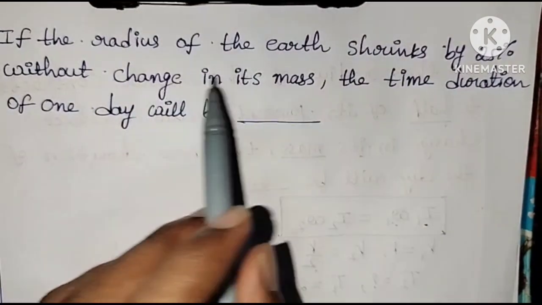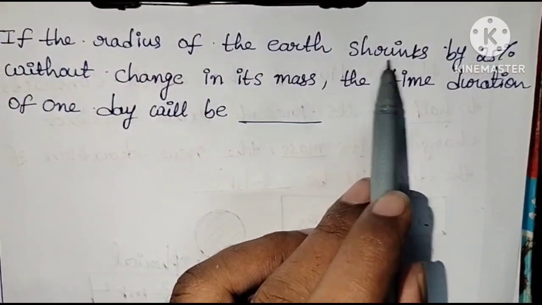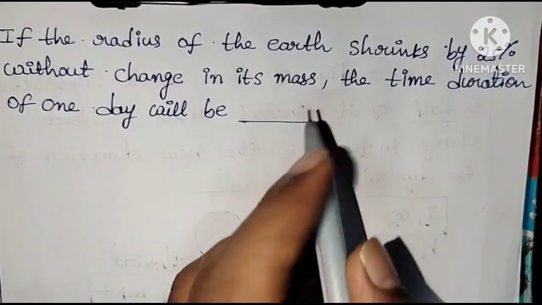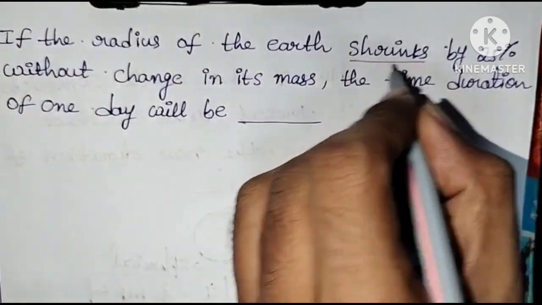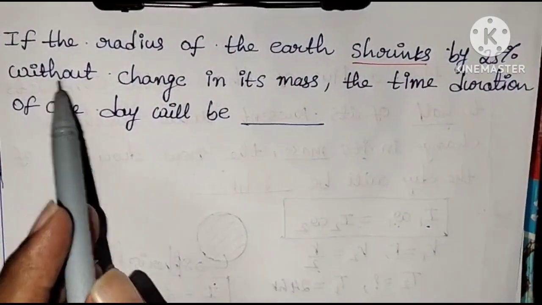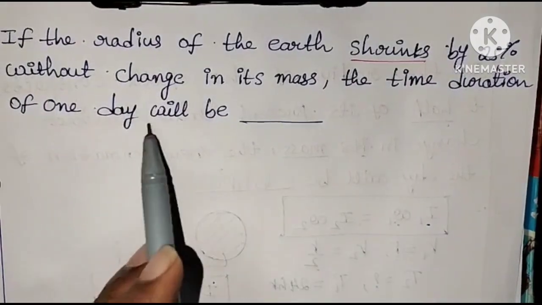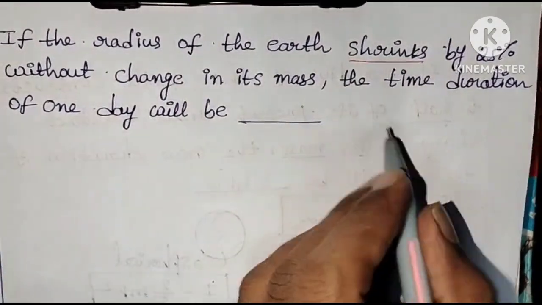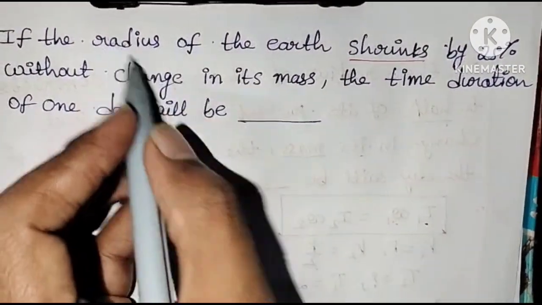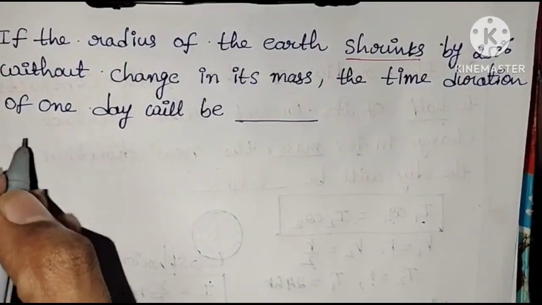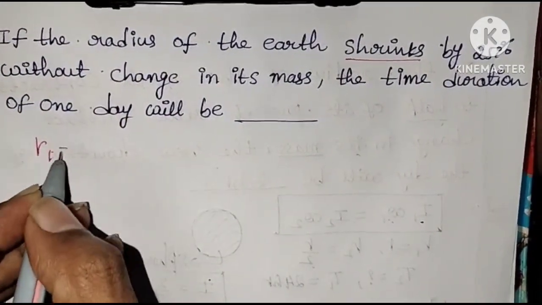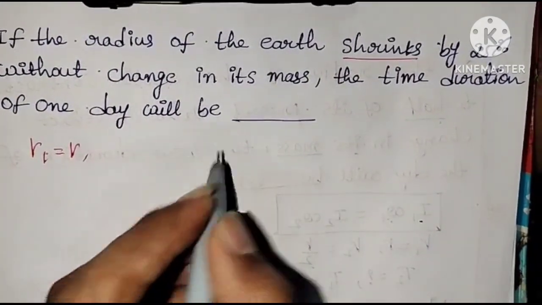If the radius of the earth shrinks by 25%, here shrinks means reduces by 25%, without change in its mass, the time duration of one day will be? Let us consider the initial radius r1 is equal to r.